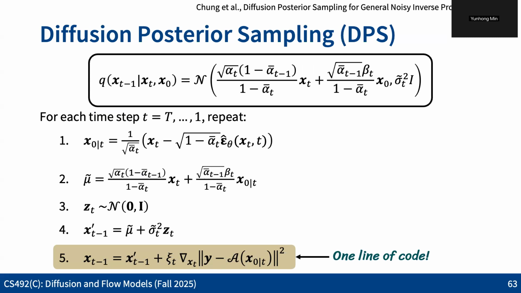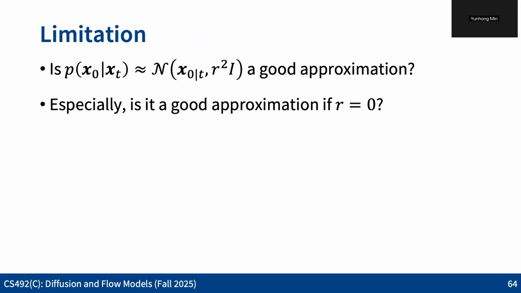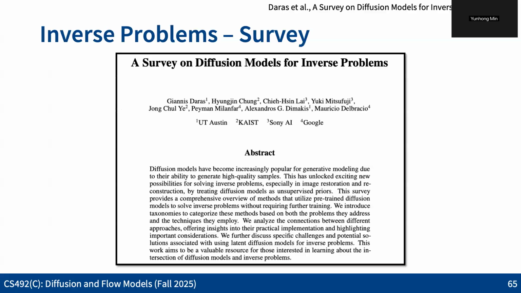I'm just showcasing that there are multiple ways to achieve test time guidance using pre-trained models. You can try yourself and see which one works better. And the ideas that I introduced here were two very basic ideas, and there are 30 more ideas you can see in many other places.